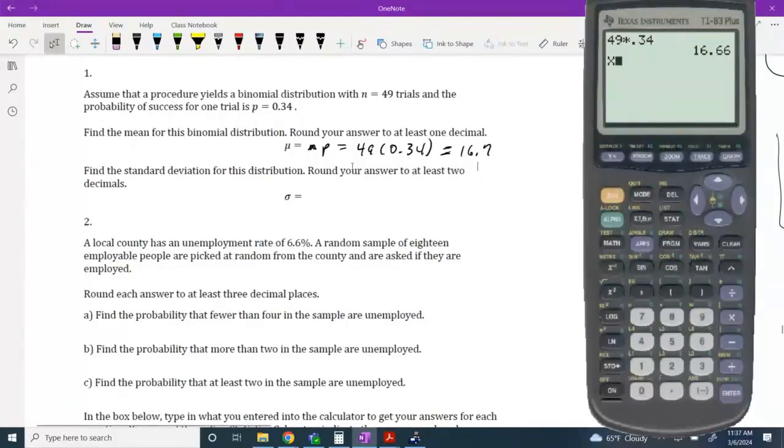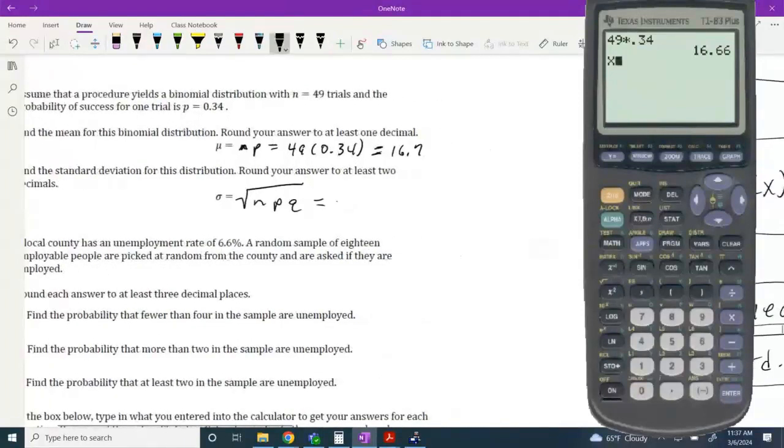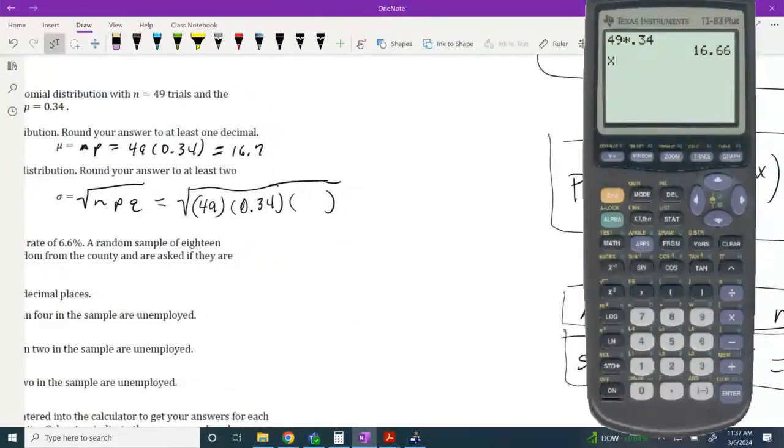We're also asked to find the standard deviation. For the standard deviation, that formula is the square root of n times p times q. So we know that n is going to be 49, and all of this is still within the square root. So we have 49 times p, which is 0.34, times q, which we have to calculate.